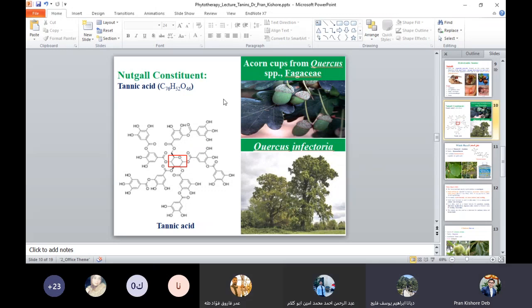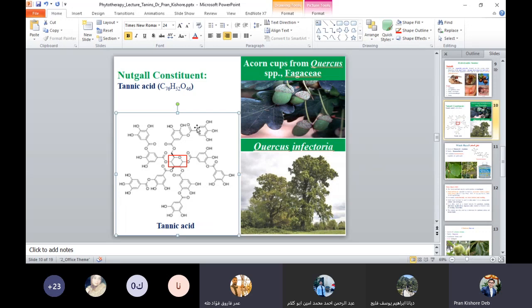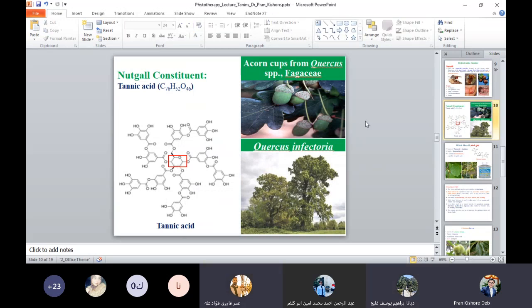You see the digallic acid, 1, 2. Okay, digallic acid is attached to one sugar from different directions, 5 directions. So in total 5 gallic acid units you can see, and 1 sugar, right? So we go to the next.